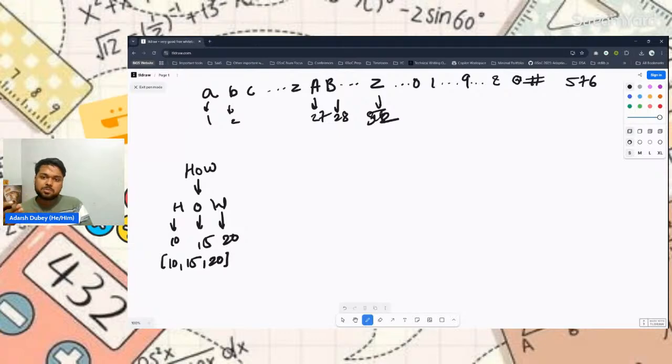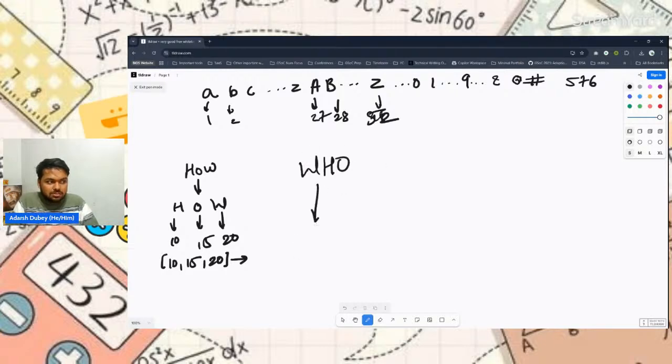But as the research progressed, we understood that this is not the most efficient way. Why? Because now this array has a lot less information about the word how. This array is not actually able to contain the meaning of the word how. Because suppose I create something like how and who, right?